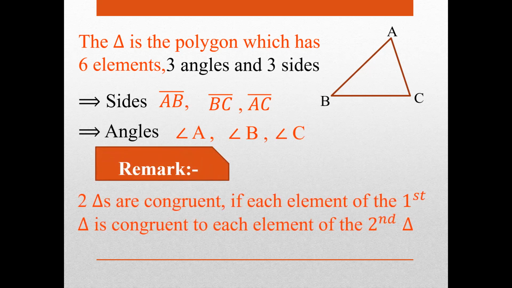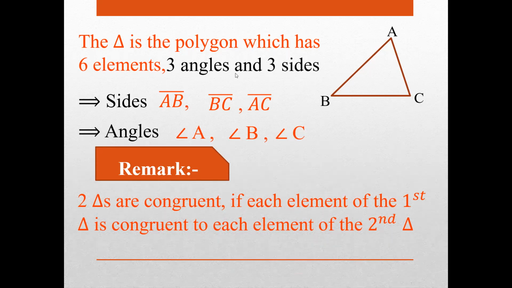And we have a remark that two triangles are congruent if each element of the first triangle is congruent to each element of the second triangle, as we saw in the last session, that two triangles, or any two polygons, are congruent if all elements in the first polygon are congruent to the corresponding parts in the second polygon, and a triangle is a polygon.